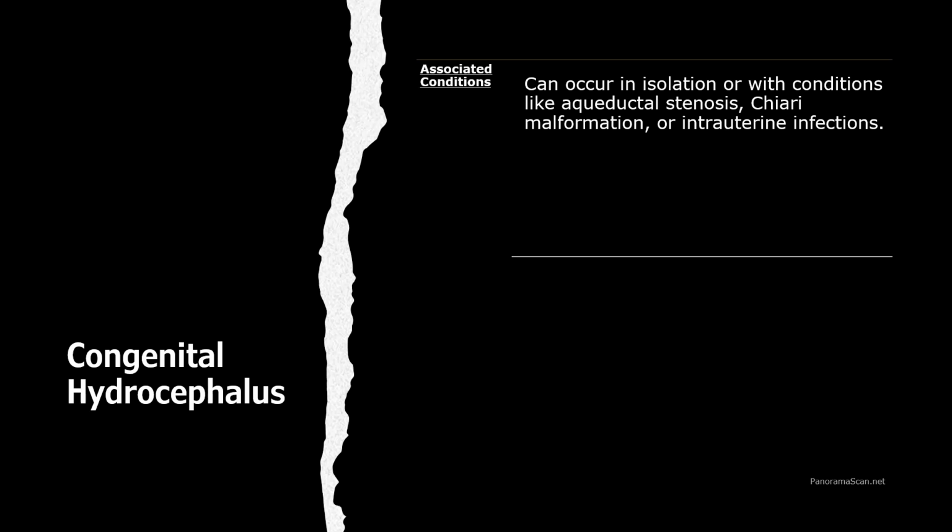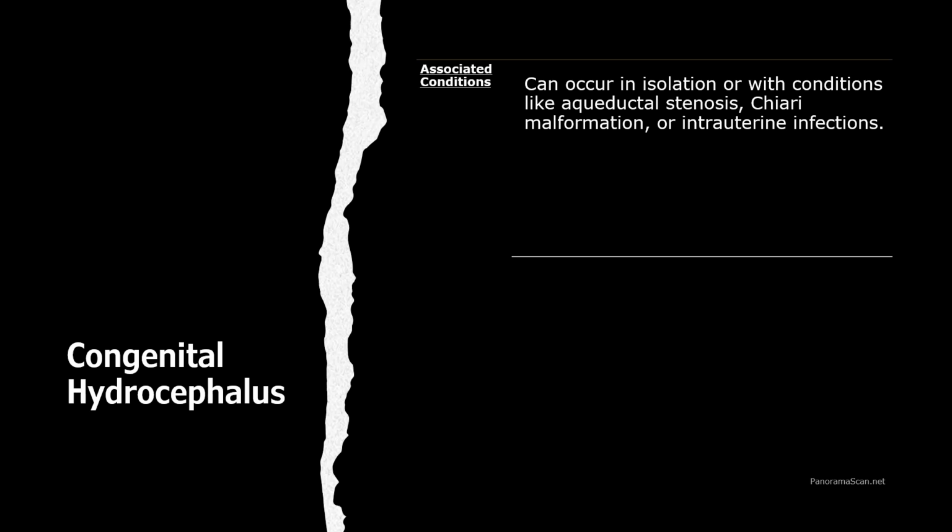Another example is Chiari type 2 malformation, which is a structural defect in the brain where part of the cerebellum extends into the spinal canal, which can disrupt normal cerebrospinal fluid flow and contribute to hydrocephalus.